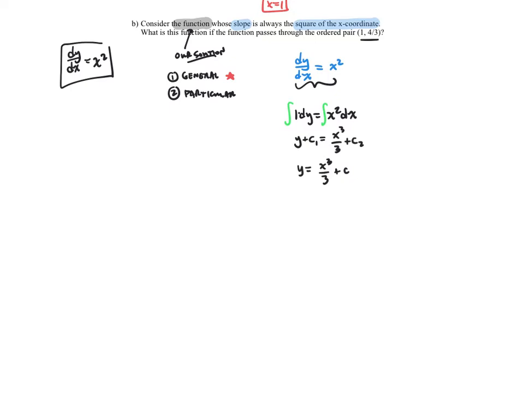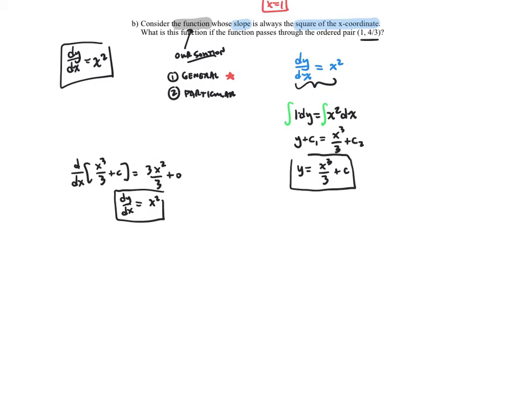Now if you think about it, what is the derivative with respect to x of x cubed over 3 plus c? Well, that would be 3x squared over 3 plus 0, which is exactly what I wanted it to be: dy dx is equal to x squared. So here I have my general solution.